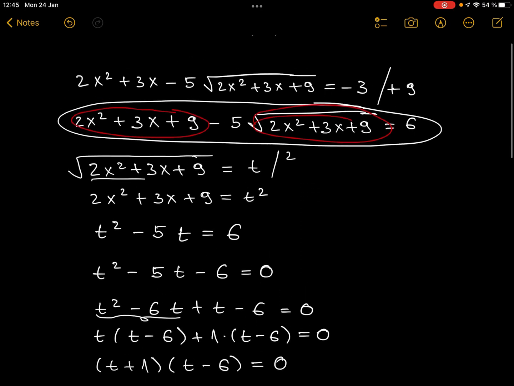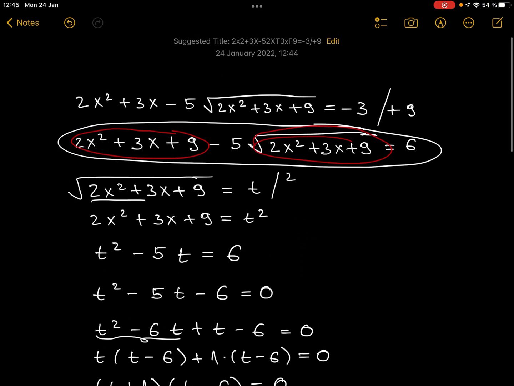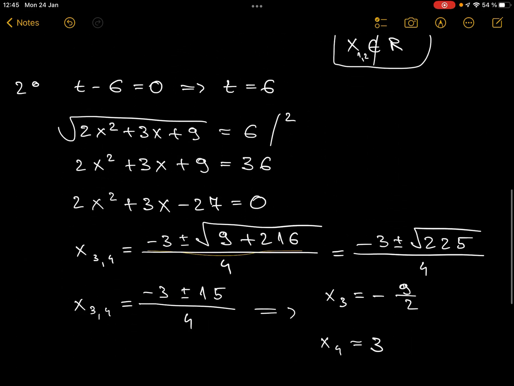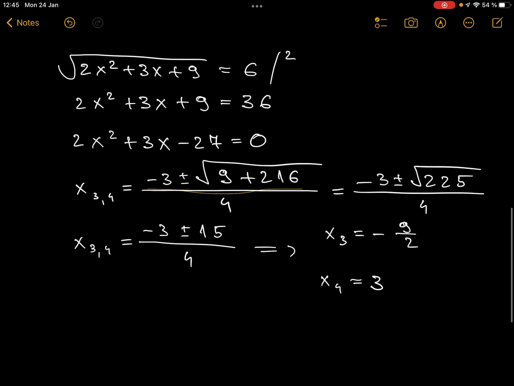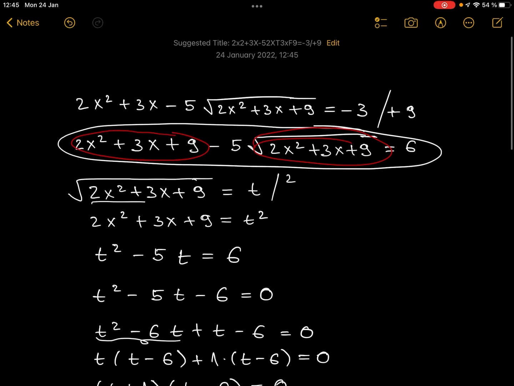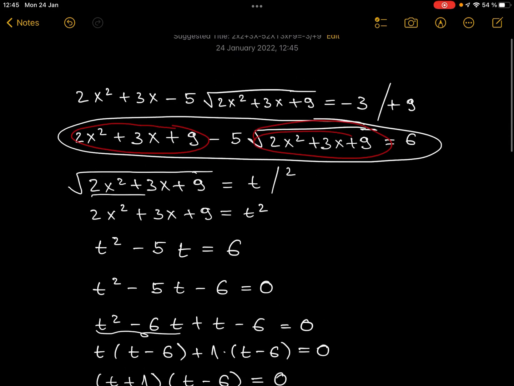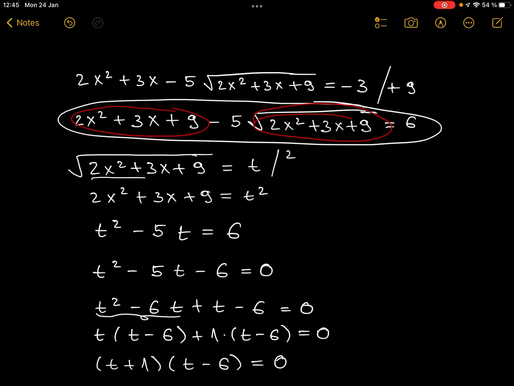Now, of course, both of these solutions are real solutions. And of course, we can try them out by plugging them into our original equation.